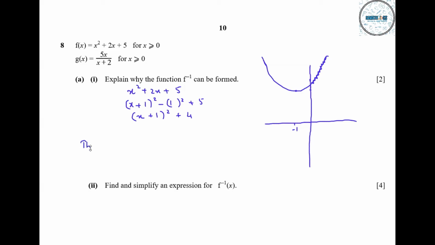The function is one-to-one function for the domain x is greater than or equal to 0.